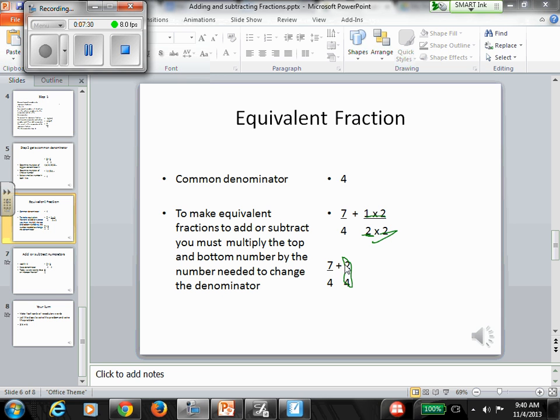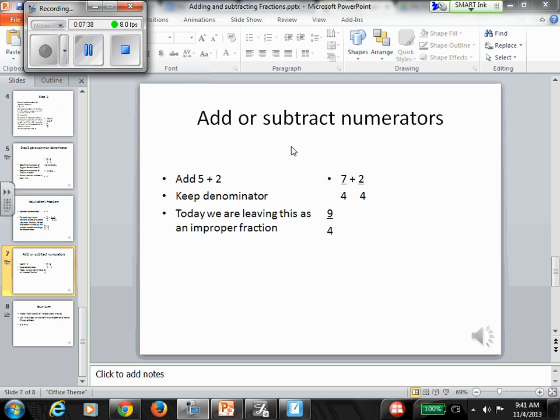So now we have 2 fractions to add that have the same denominator. Now it's simple. All we have to do is add the numerators: 7 plus 2, and that equals 9.